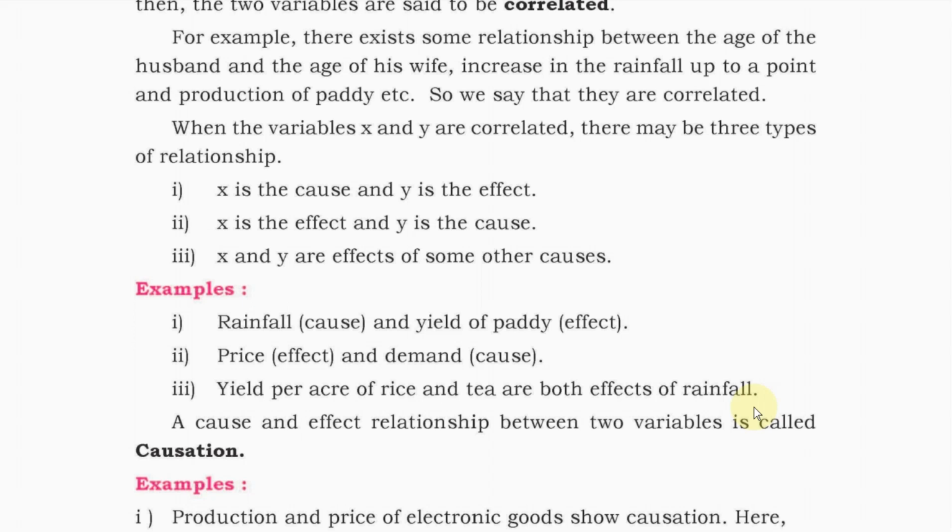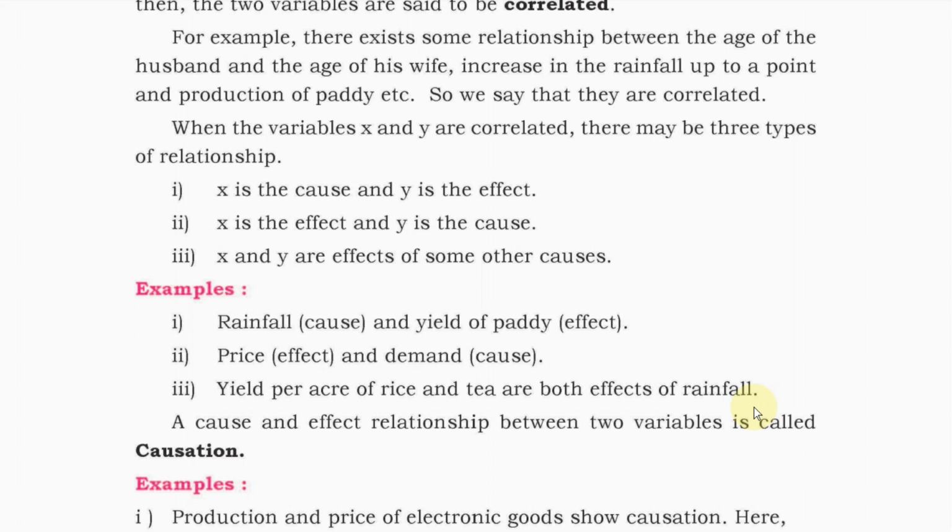If the rainfall is better, then both the yields will also be better. Of course, there are also many factors involved here, like the quality of the seeds, the quality of the soil, the type of fertilizers used, the method of cultivation applied, etc. But rainfall is also one of the very important factors.